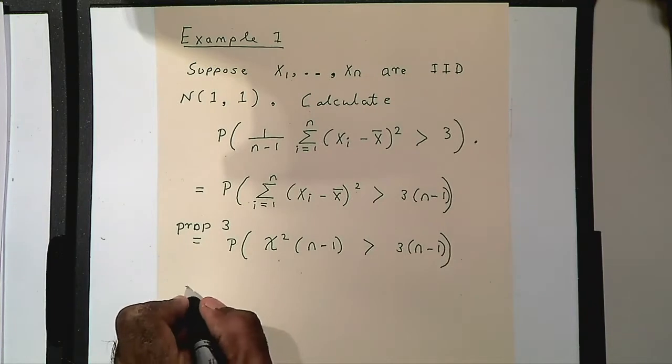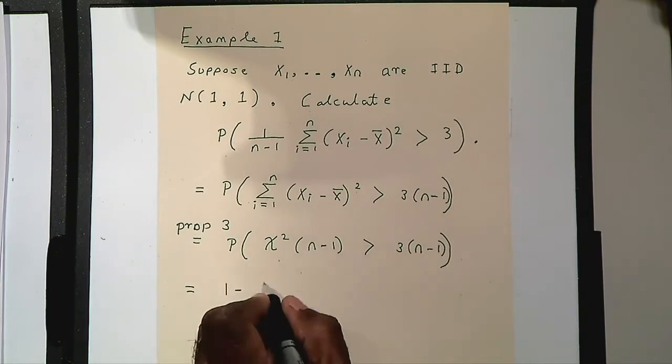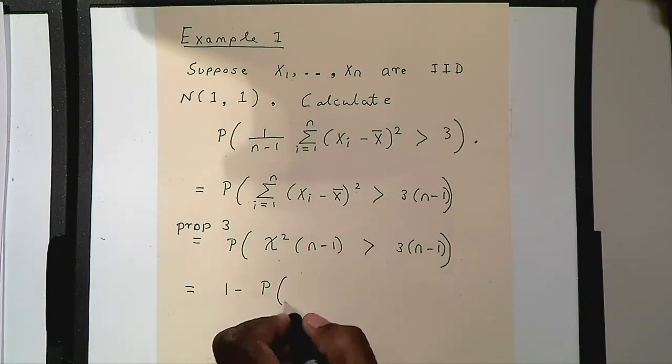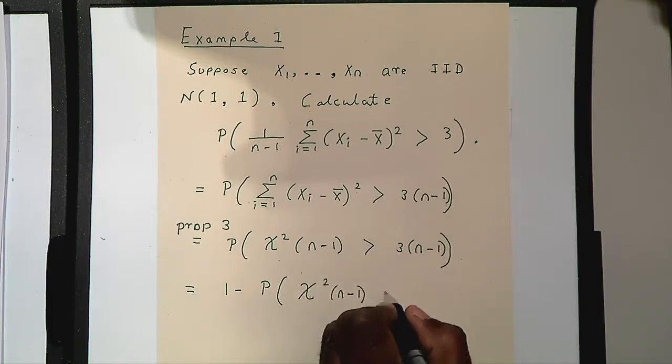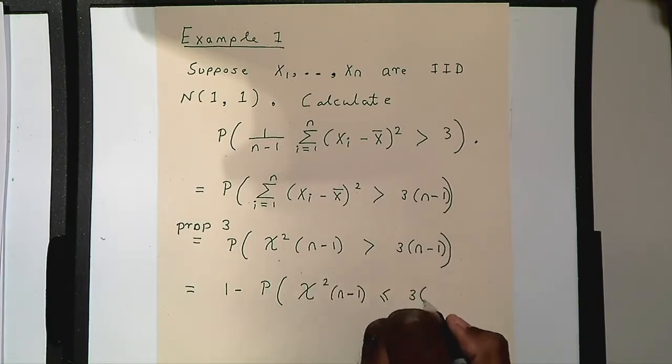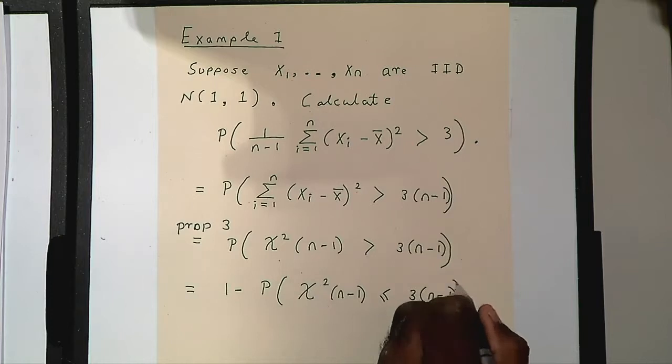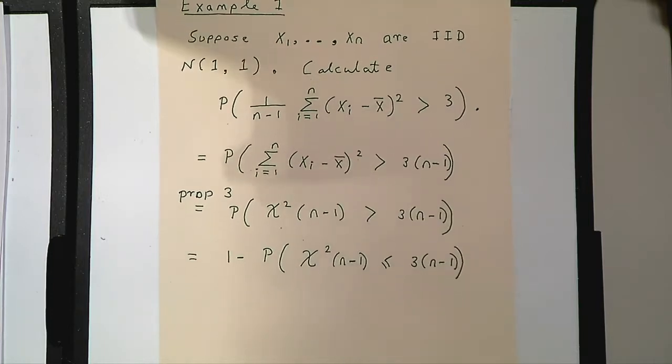Now this you can write as 1 minus the probability... and of course, you know the value for n. So for example, if n is 10, you will be able to read this from the table I gave you, right?